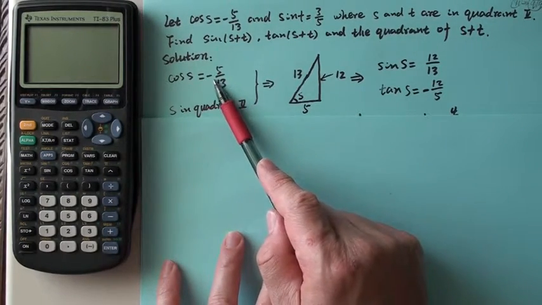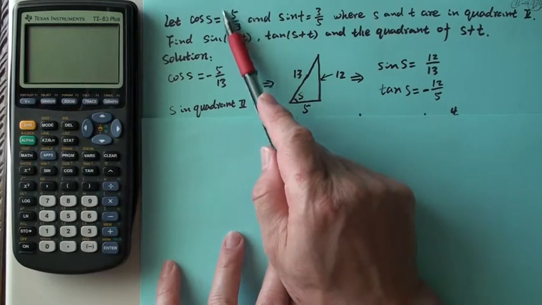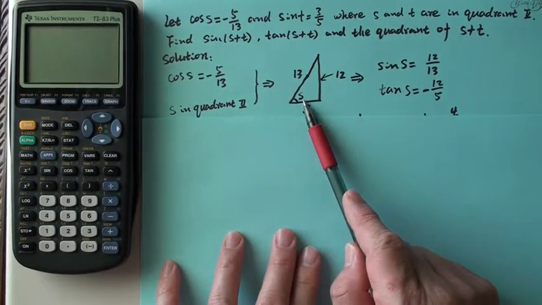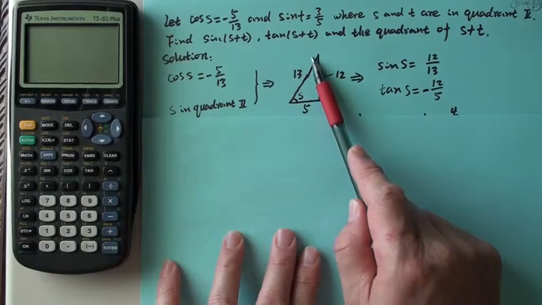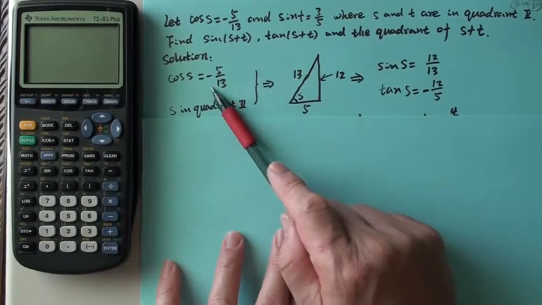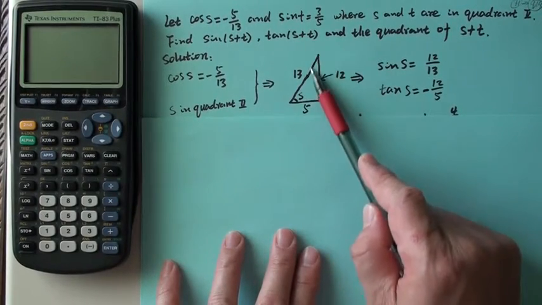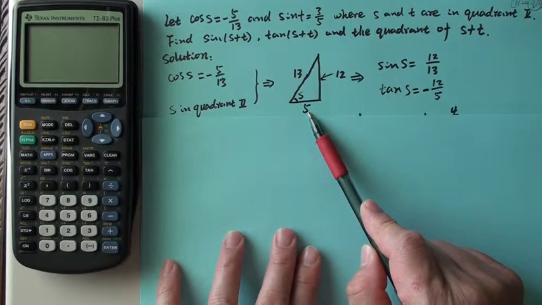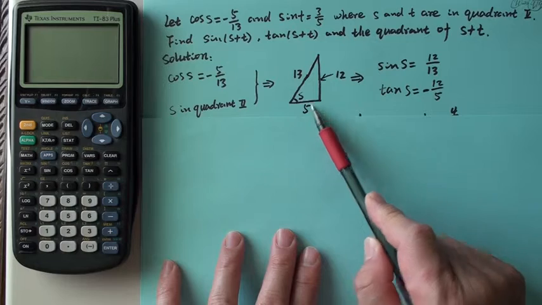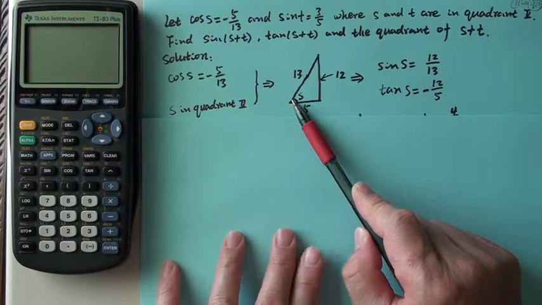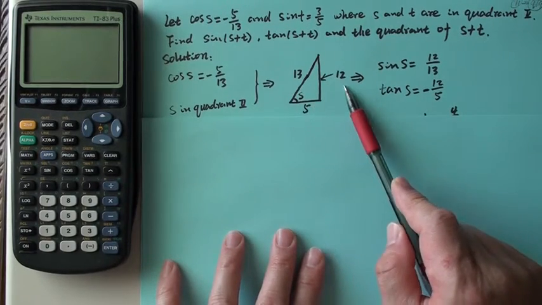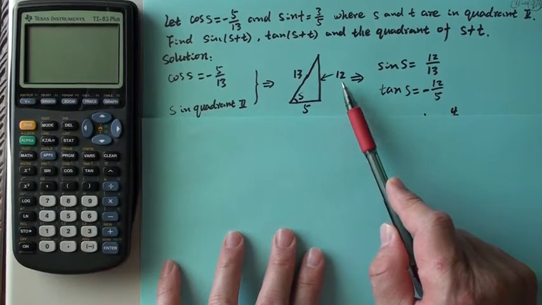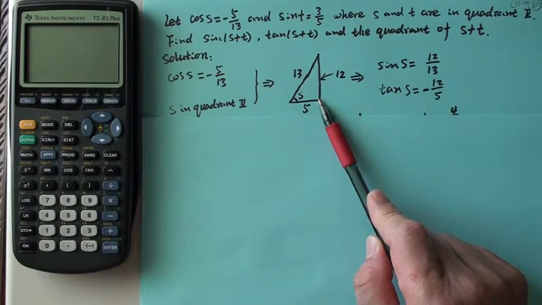Cosine s is negative 5/13. So if you put s in this right triangle, then cosine is always adjacent over hypotenuse. So here this side has to be 5 and the hypotenuse has to be 13. Then you know this leg will be 12. Why?